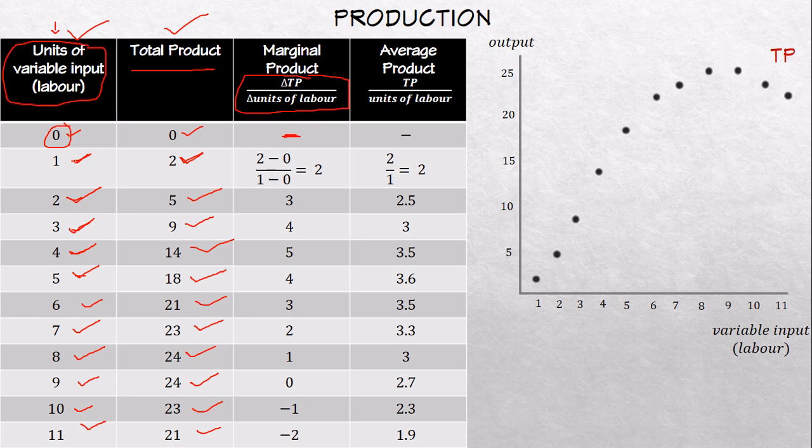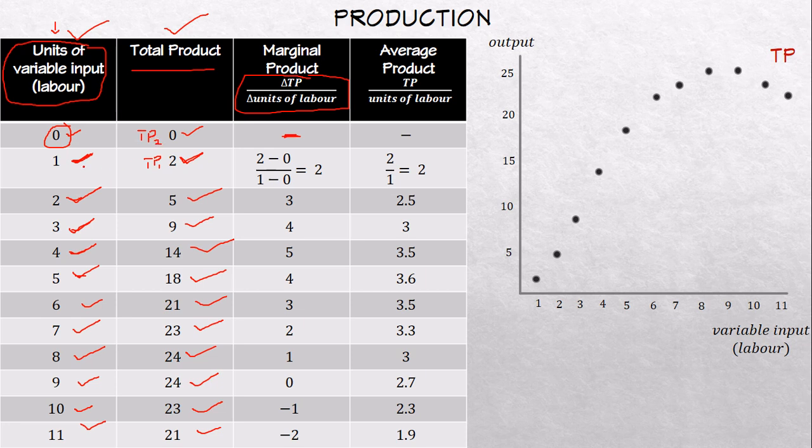Now, if we have the labor to be 1, and you want to calculate the marginal output when the labor is 1, now you come to use the formula over here, the change in the TP. So let me call this over here maybe TP1, and call this over here maybe TP2.